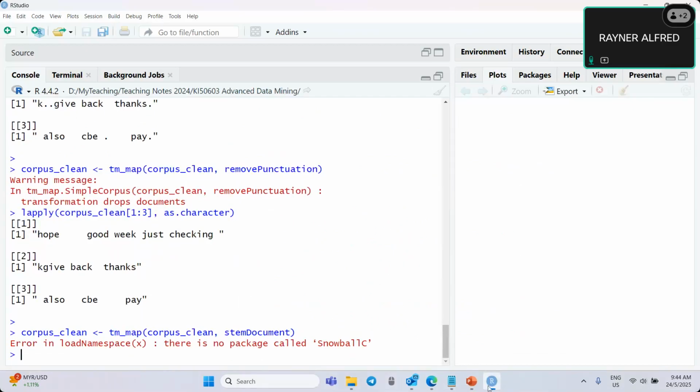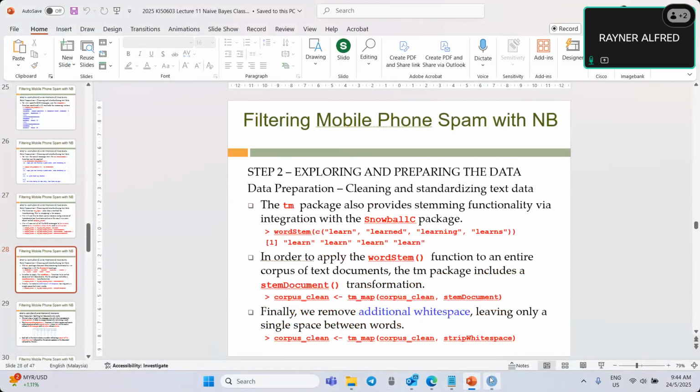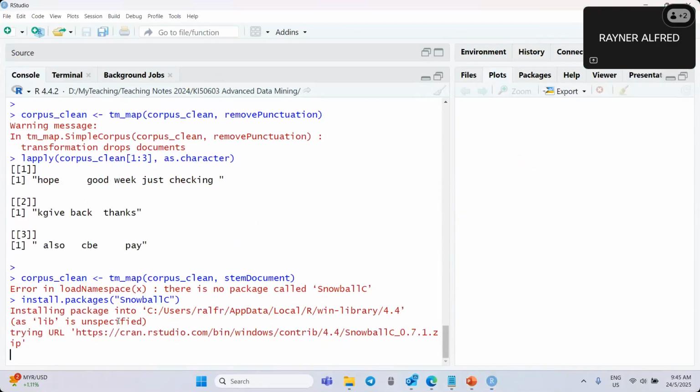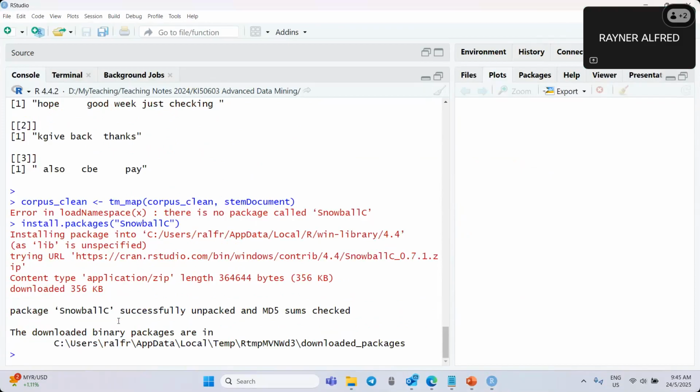There is no Snowball, so we need to install it and load it into memory.